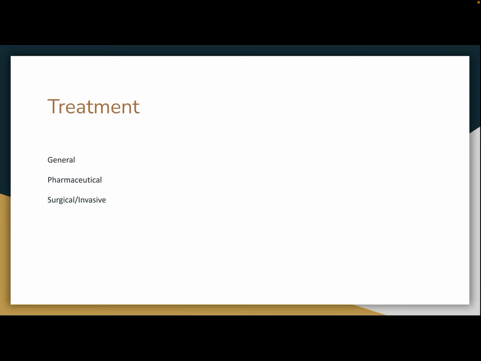For the surgical invasive therapy, it's usually for those who are refractory to medical therapy. So there is septal reduction therapy for severe symptoms, where you can do a surgical septal myomectomy called the Morrow procedure, or transcoronary ablation of septal hypertrophy when surgery is considered too high risk or is contraindicated.